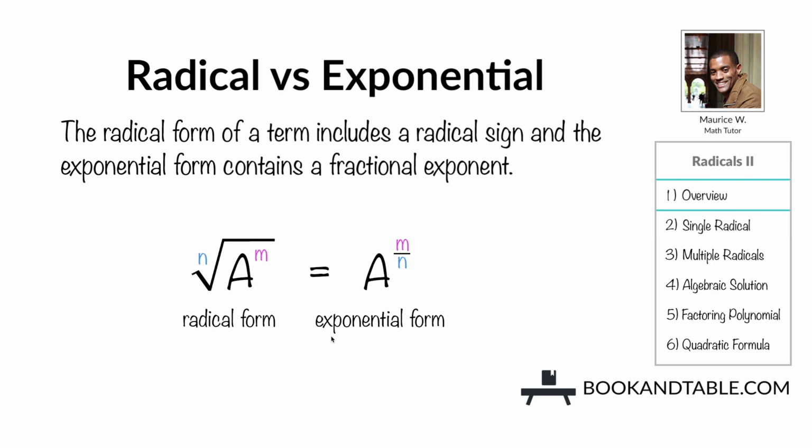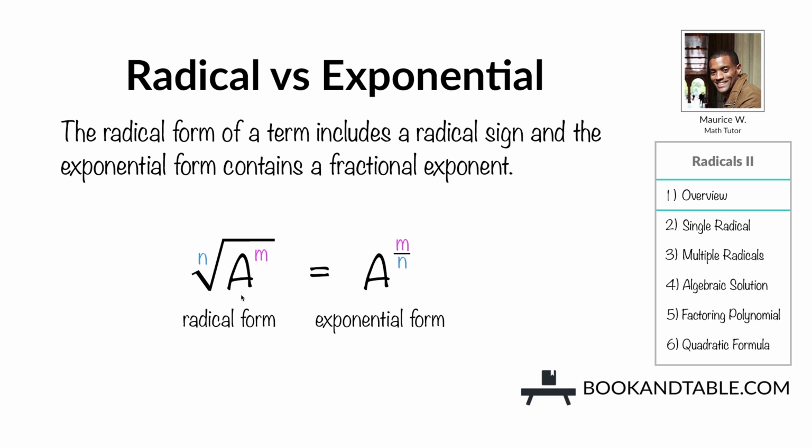But before we jump into that, we first need to discuss the difference between radical form and exponential form. The radical form of a term includes a radical sign, and the exponential form contains a fractional exponent. So these two terms have the same value, they're just written differently.